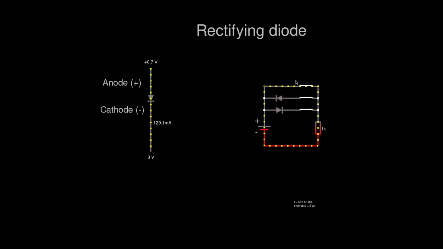Now I have 3 switches. The first one lets current pass, or bypass the diodes, so we can see the current is going through.